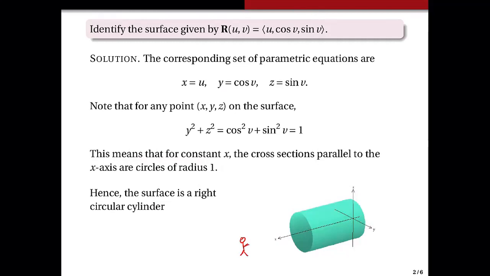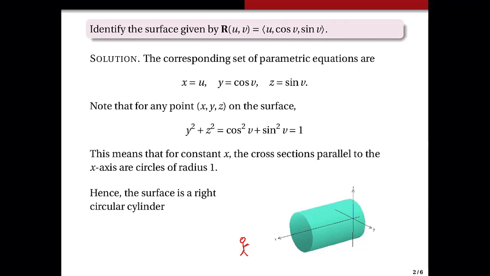Maybe we can try to see the graph using GeoGebra, where we can rotate the axes, so we can easily see this surface, or at least have a nice view of it.